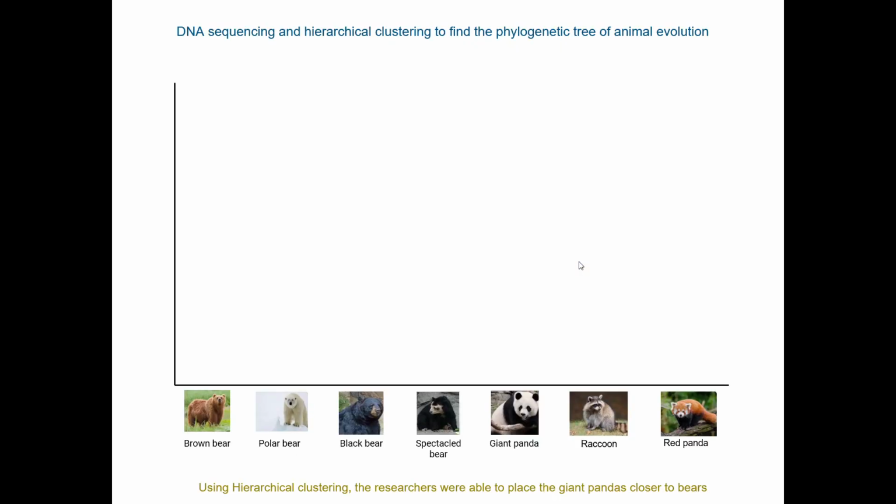So let me give you another example. I mentioned at first that every single data point creates its own cluster. Here, how many data points do I have? So that means how many clusters? 7 clusters. Now I need to figure out a way to find similarities between data points. How do you measure similarity?